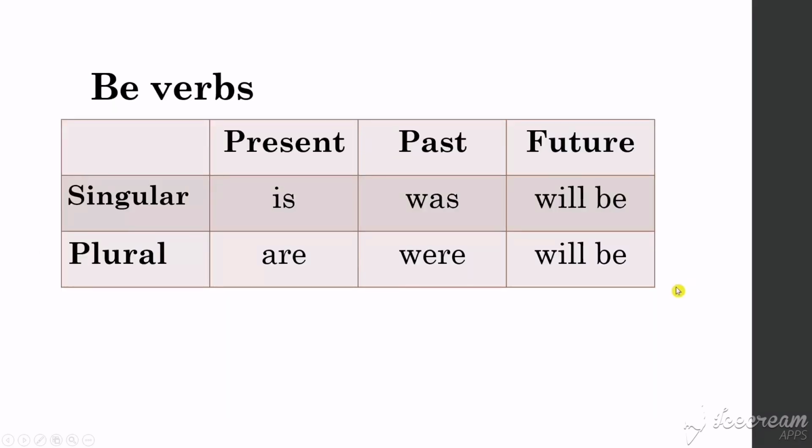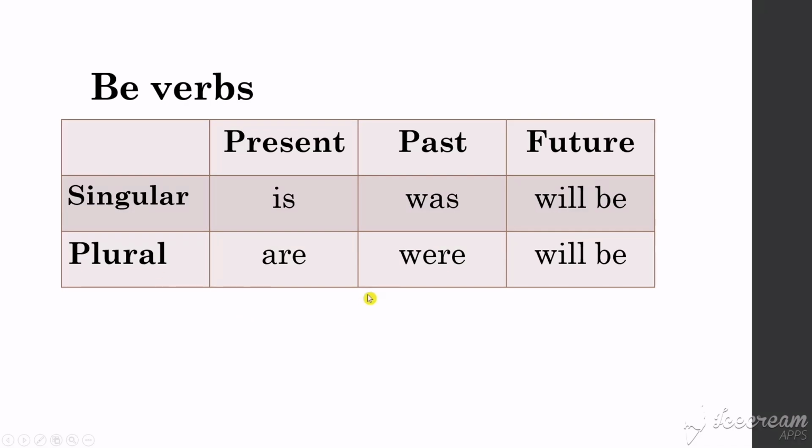So as you can see in our table of be verbs, if the tense of the verb is in present tense, we use is for singular and are for plural. If the tense of the main verb is in past tense, we use was if it is singular and were if it is plural.